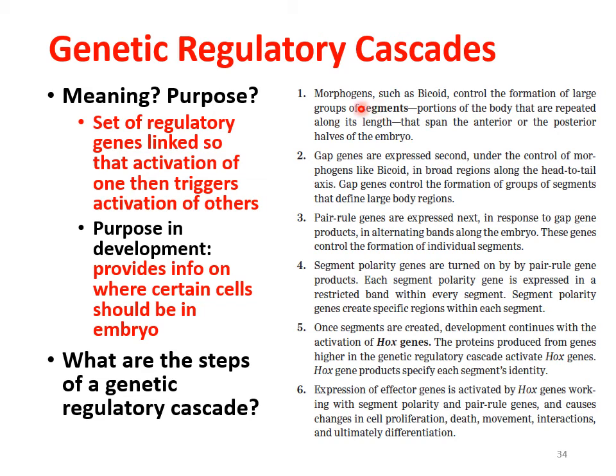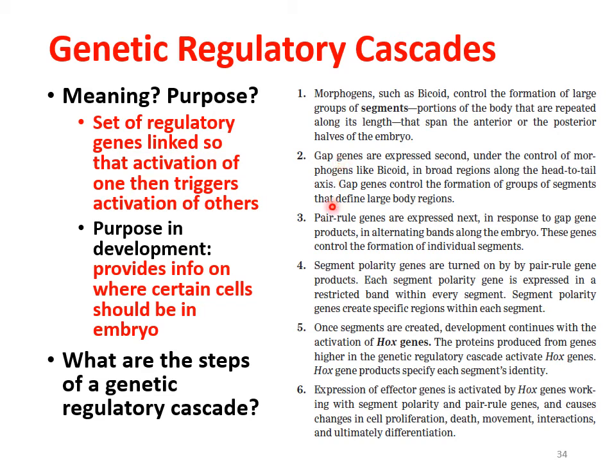Then you have what's called gap genes that get expressed, and through the activation from bicoid or other morphogens, these gap genes then control the formation of more specific, smaller groups of segments within the embryo that will define large regions of the final body of that organism.